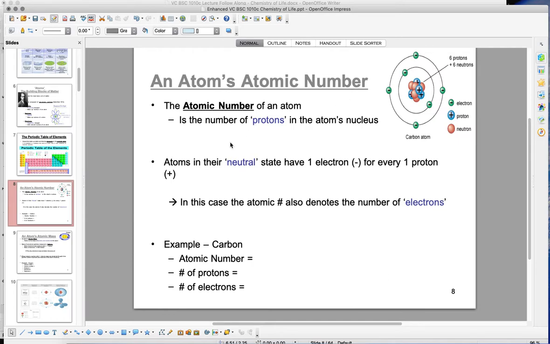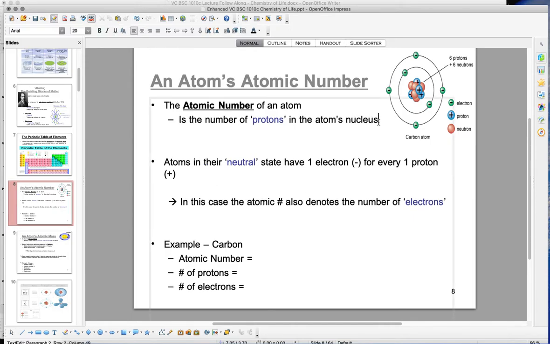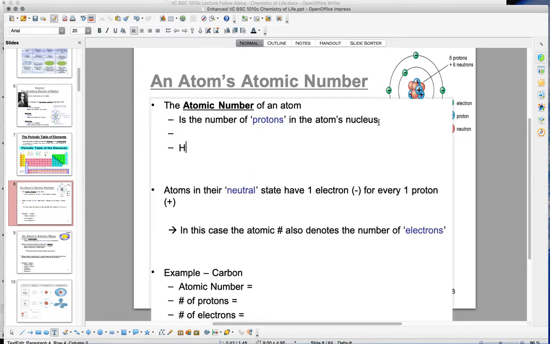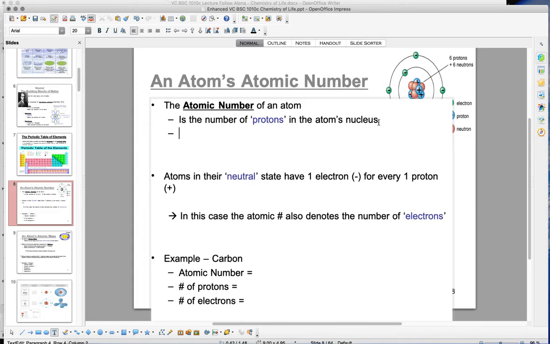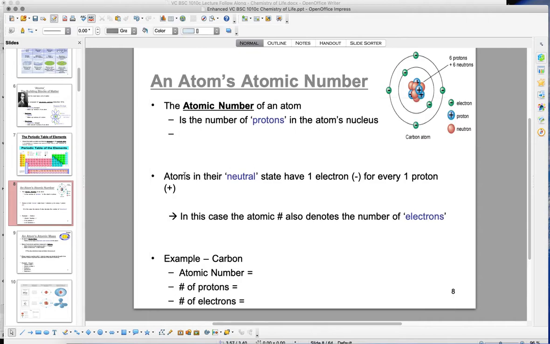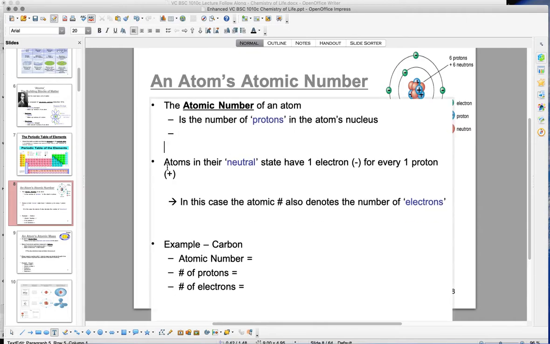So atomic number is the number of protons in an atom's nucleus. So it's the number of protons, okay? But if we think about it, if an atom is neutral, like let's say that we just are writing out an atom like this, just hydrogen, right? It doesn't have the plus or it doesn't have the minus, which I'm sure you guys have seen before. So that would tell you that the atom is neutral. So if an atom is neutral, it means it has no charge, right?